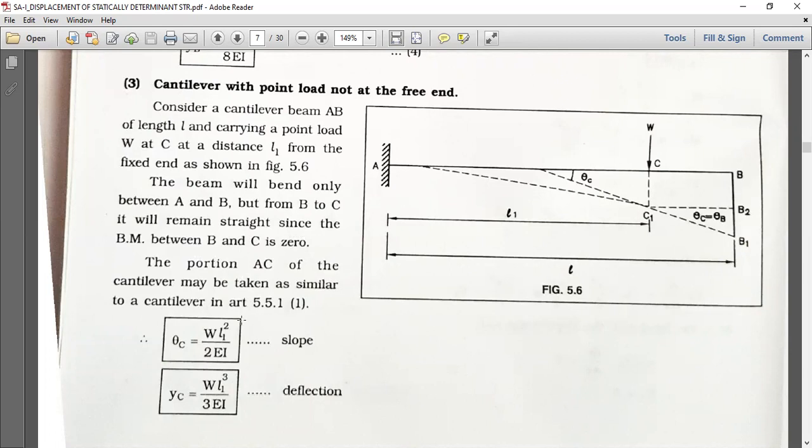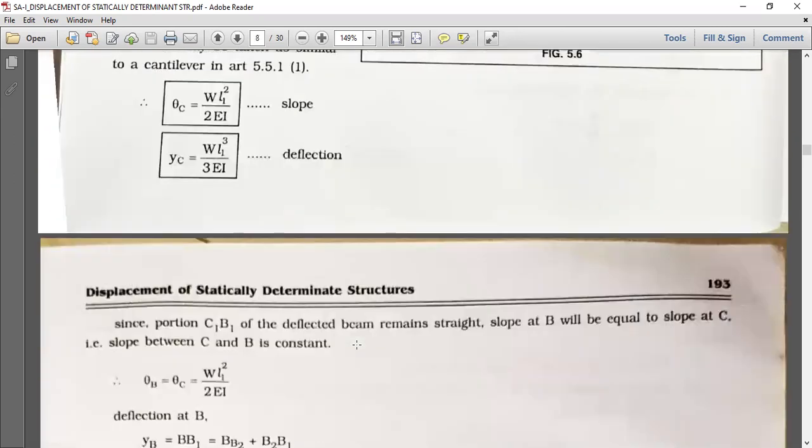So theta C, as we discussed in the previous lecture, is equal to WL1 square divided by 2EI, which is the slope, and similarly the deflection YC is equal to WL1 cube upon 3EI.